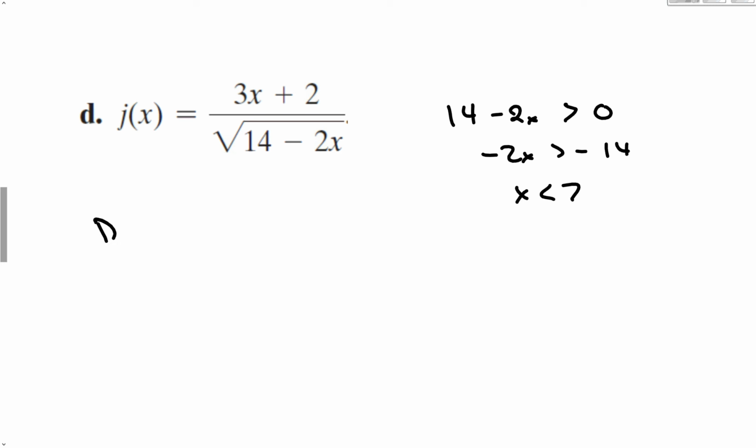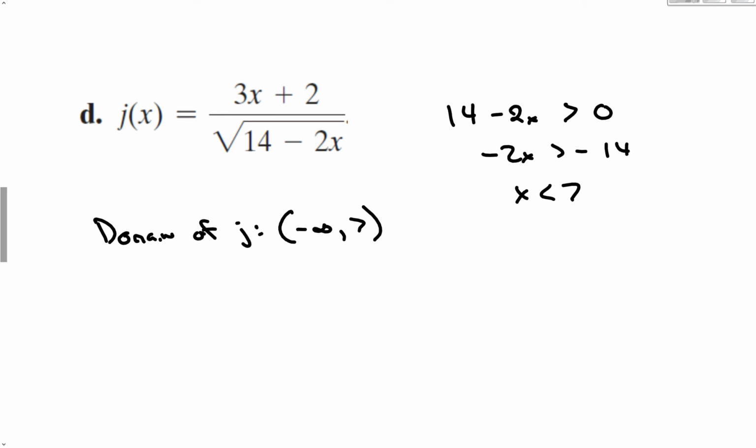So now my domain of j is all real numbers where x is less than 7. So I'm going to start at negative infinity and go to 7 with a parenthesis, not a bracket. Okay?